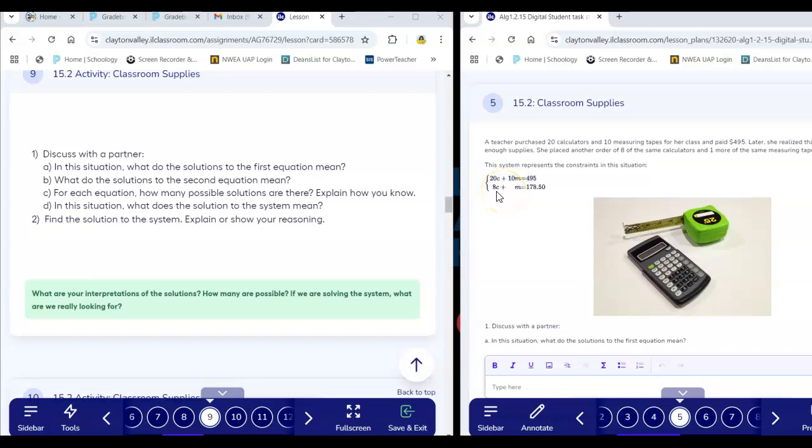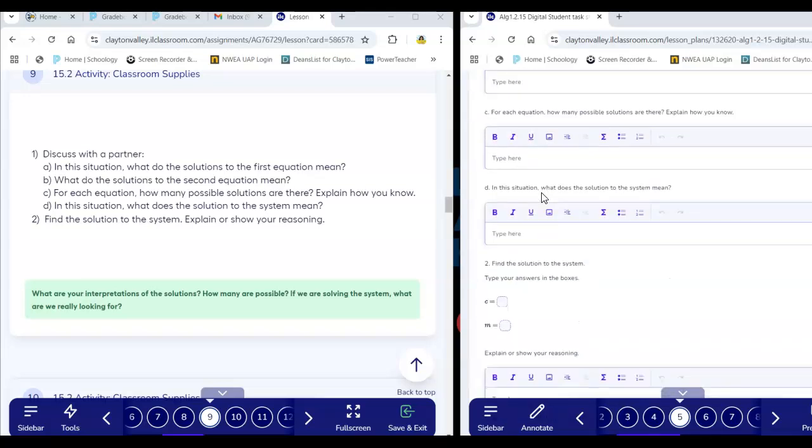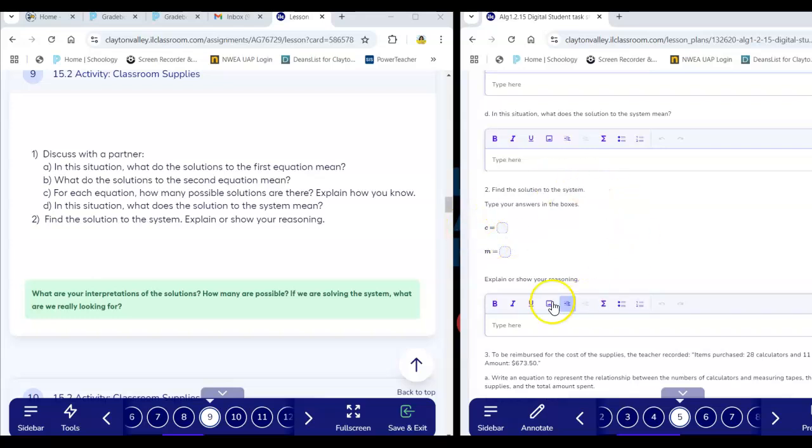Likewise, this second equation represents all of the combinations of calculators and measuring tapes that equal $178.50. And once again, there are many answers to that equation. So they want you to find the solution.